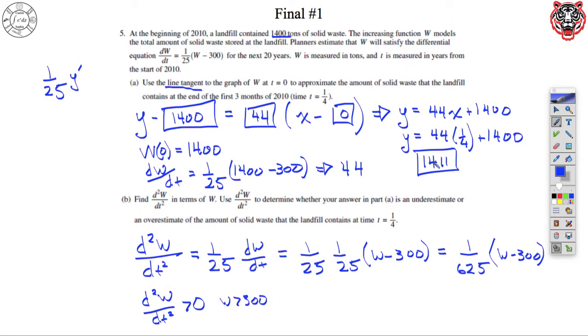I mean, w is 1,400. It's definitely a little bit bigger than 300. So if it's concave, this means it's concave up. So graphically what is happening, we have something that's concave up, but we graphed something that was out here. So it should be up there, but it was down there. That means it's an underestimate. This implies underestimate.